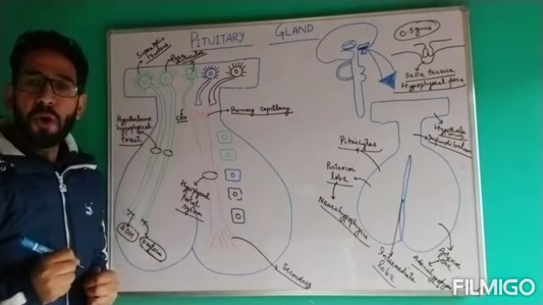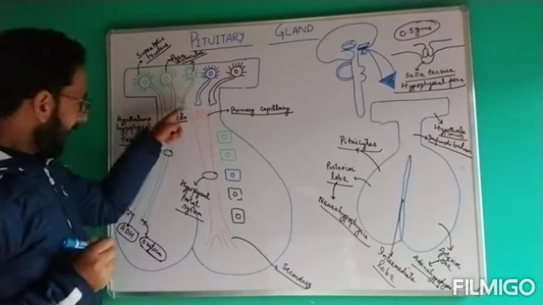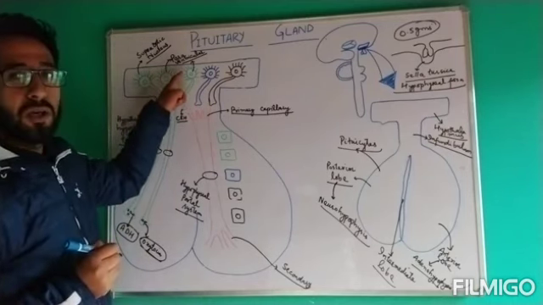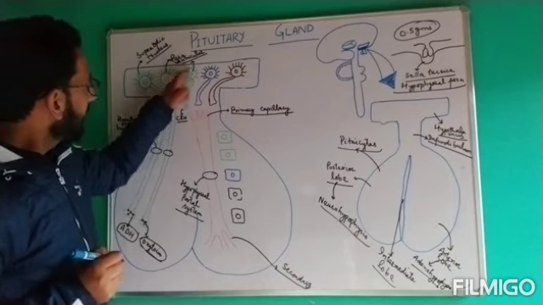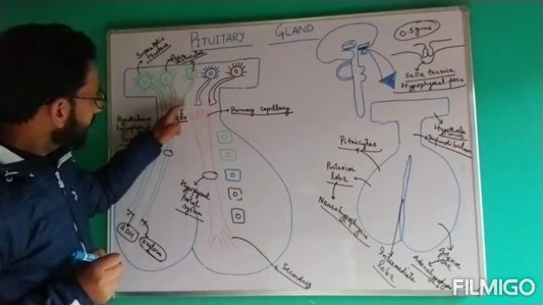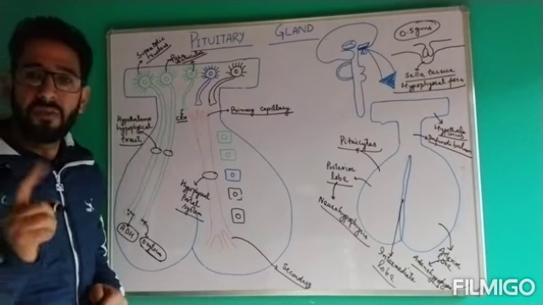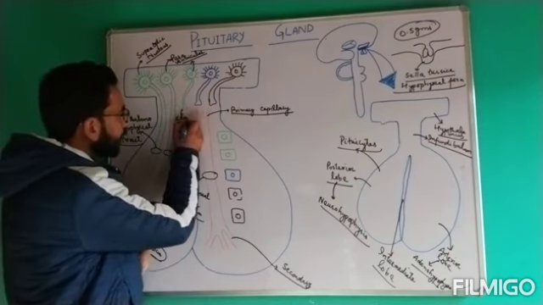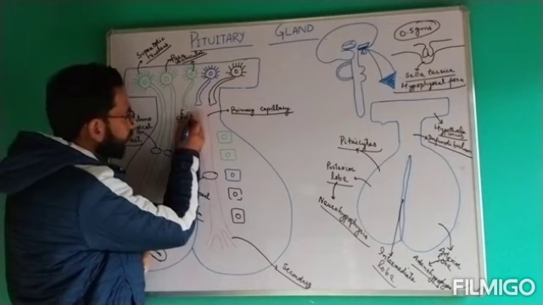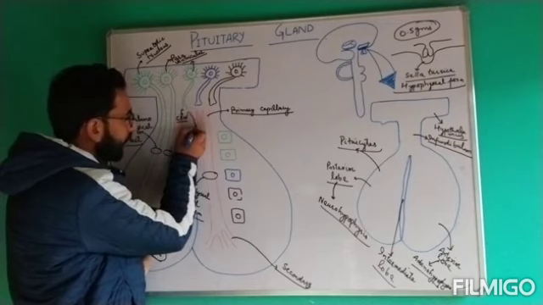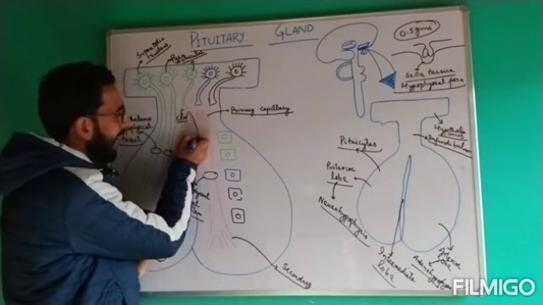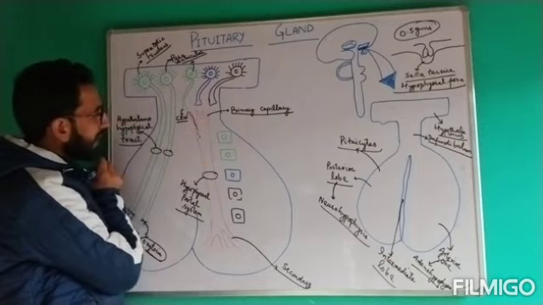Corticotropin releasing hormone is synthesized by this paraventricular nucleus and then transported down through the axon, and from the axon terminal it is secreted out in the infundibulum. Then this corticotropin releasing hormone will go into this circulation and it will come down.